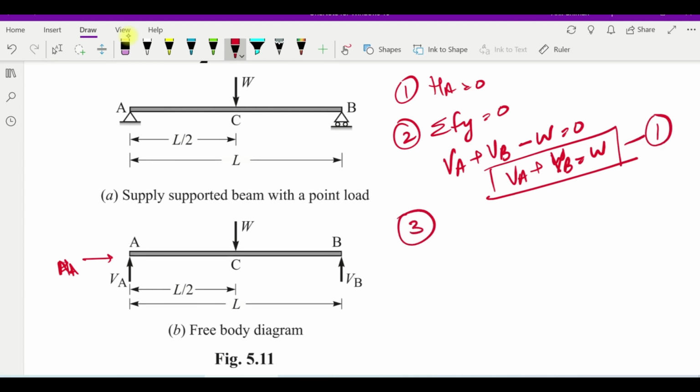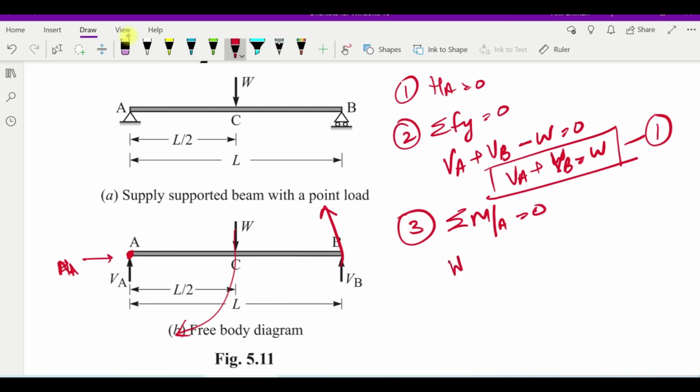And then let us take moment about point A using the third equation of equilibrium. Then if I hold down this point A, I'll get clockwise moment due to W and anti-clockwise moment due to VB. So force into distance about the point of consideration. The distance between A and C is L by 2.